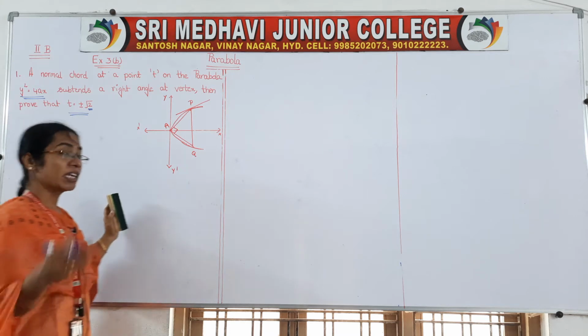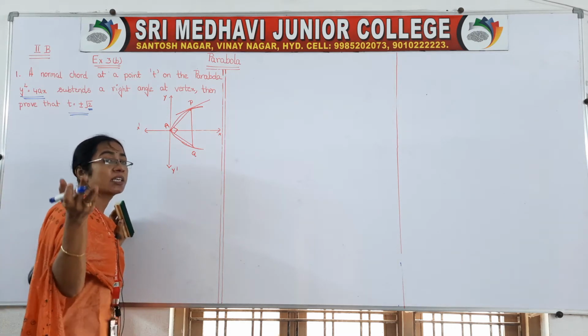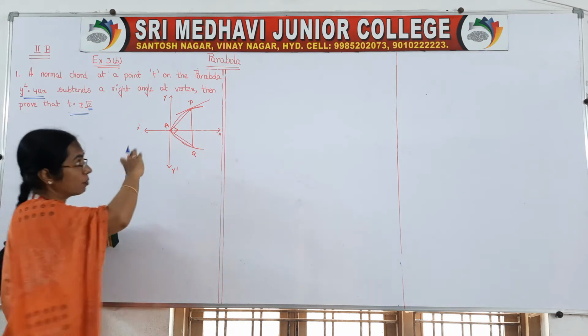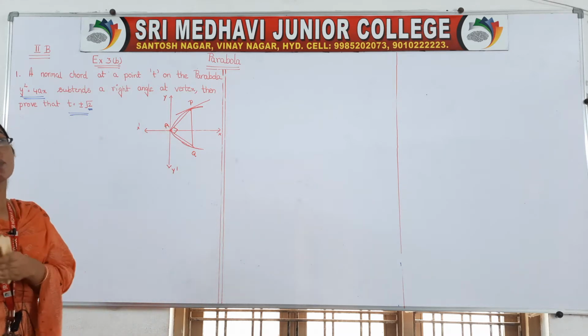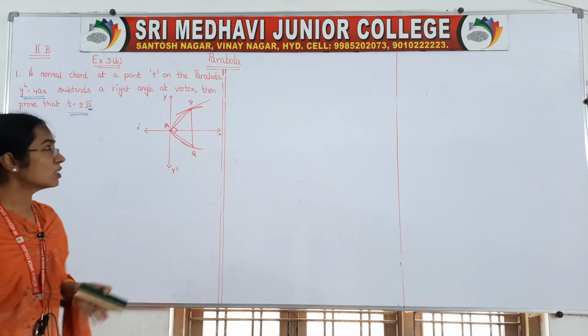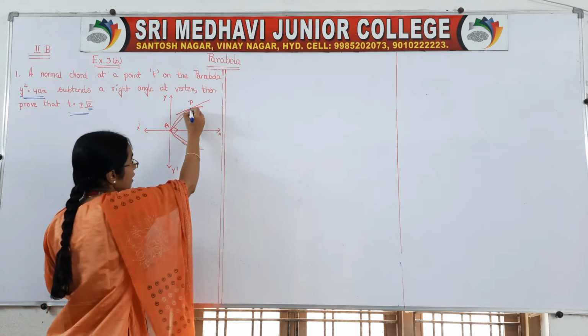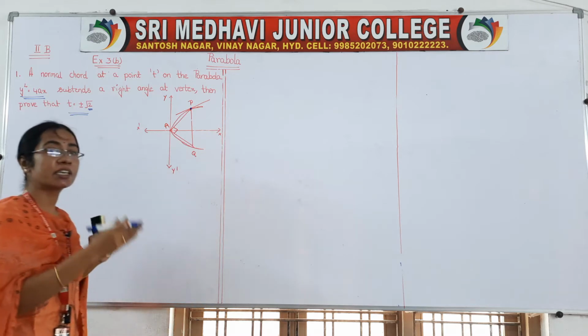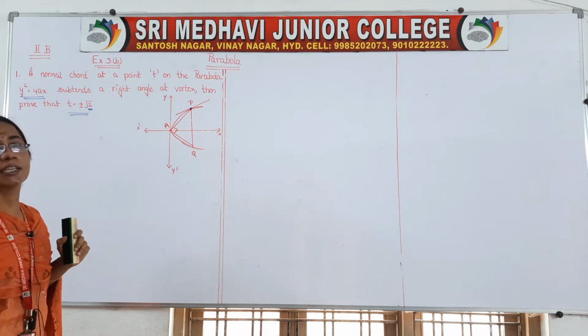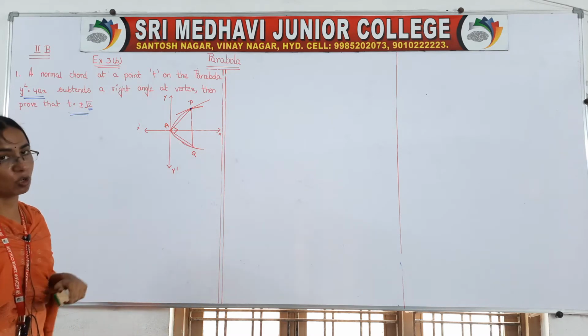What is meant by normal chord? The chord which is perpendicular to the tangent. Normal means perpendicular to the tangent. So at one point P you take the tangent, and for that tangent line you draw a perpendicular line, that is the normal to the parabola.